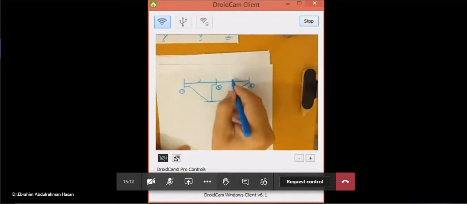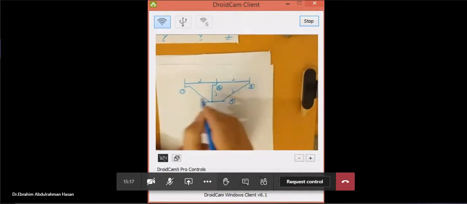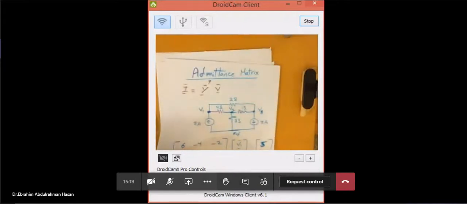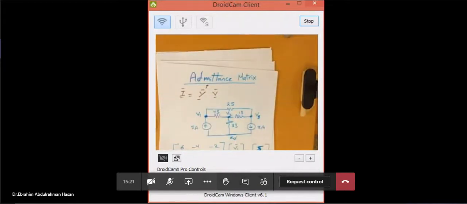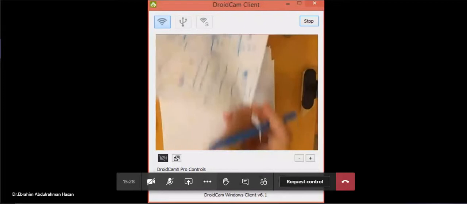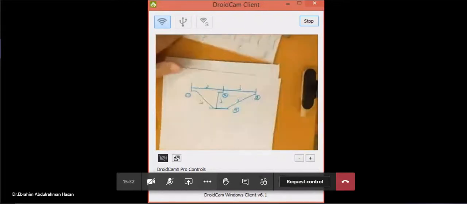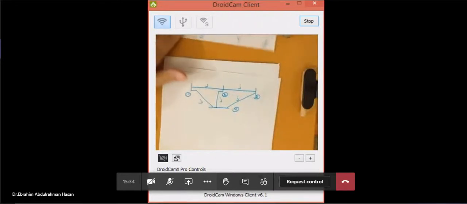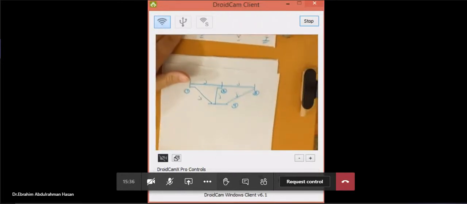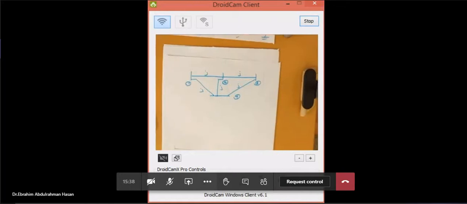Again, for nodal, we said that one of the nodes we are going to take as a reference. Okay, where is the reference one here? Where is my reference? The reference with respect to where?